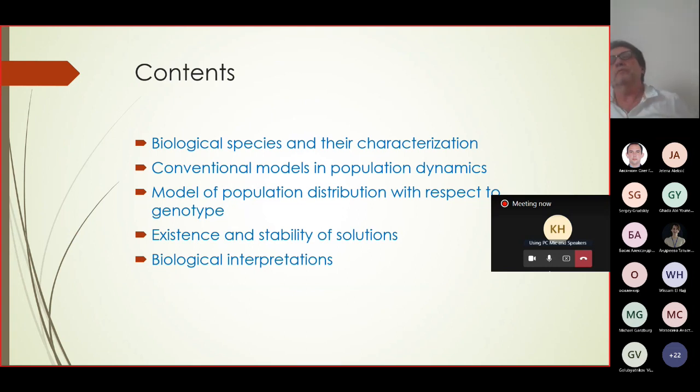Then I will very briefly discuss mathematical results, because in fact mathematical results are not the main goal of my presentation. There are really very interesting mathematical questions. I will formulate some results, but I will not prove them. And after that, we'll discuss some biological interpretation, some mathematical interpretation. So it will be kind of discussions related to this model and to the biological questions.